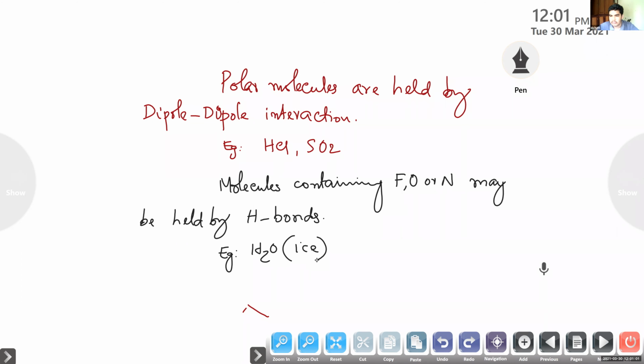The question will be like this. You will be asked, what is the intermolecular force of attraction existing between water molecules in ice?